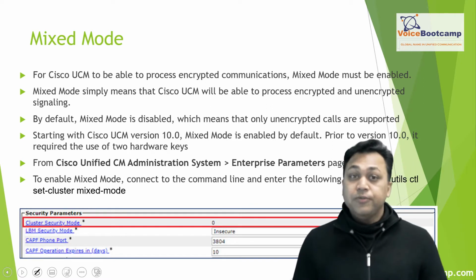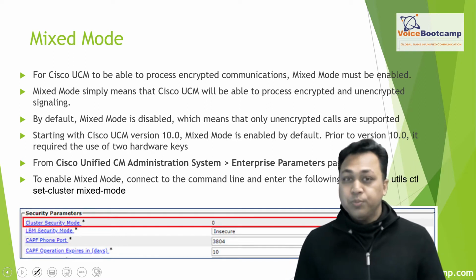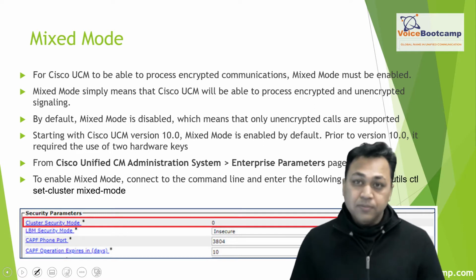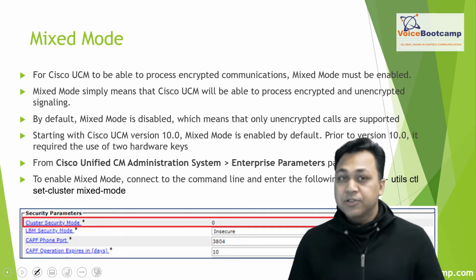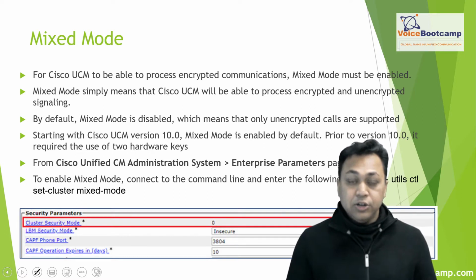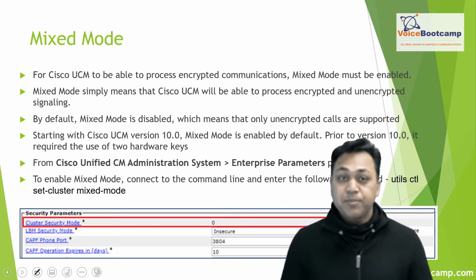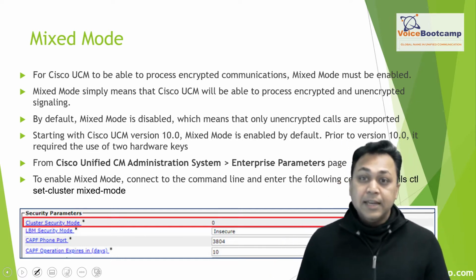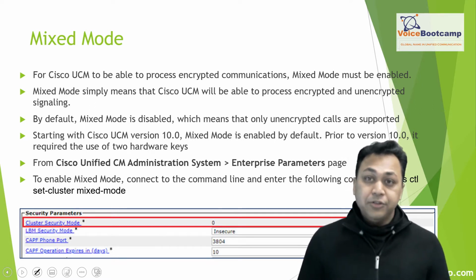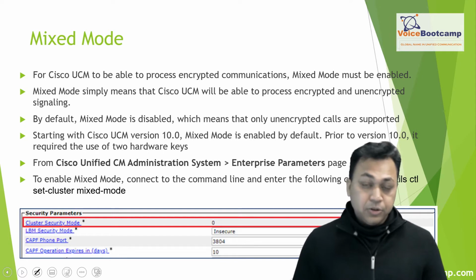For Cisco Unified Communication Manager to be able to process an encrypted communication, you need to enable mixed mode. In order for you to do that, you have to make sure that the Cisco Unified Communication Manager version that you're using is the right version. For example, Cisco has two versions of Call Manager, or CUCM.